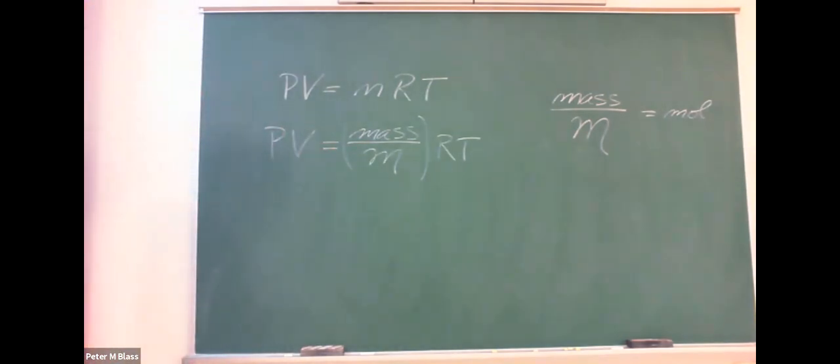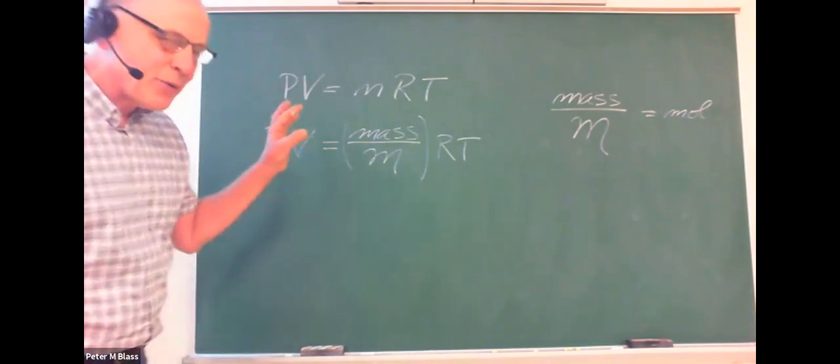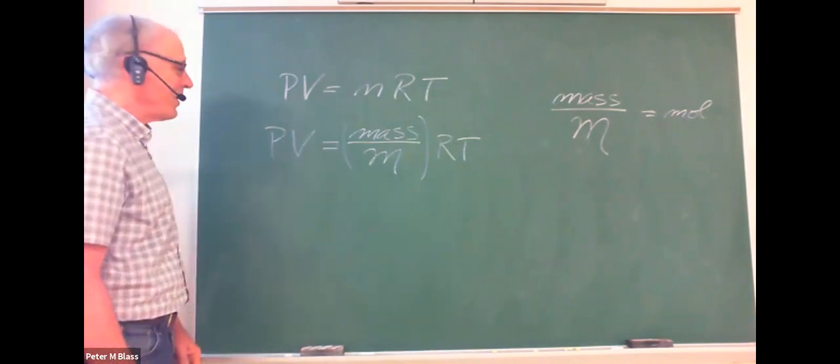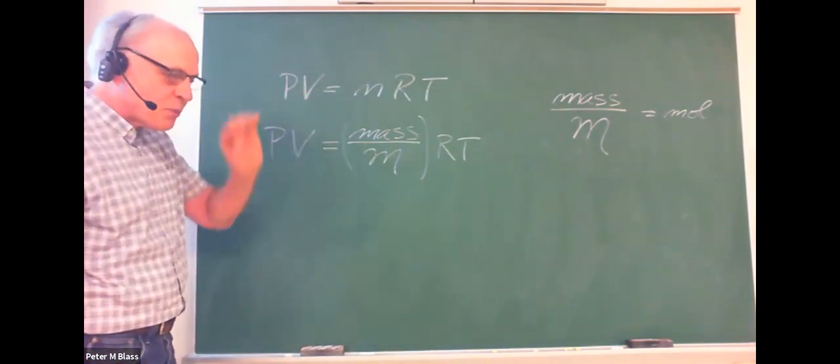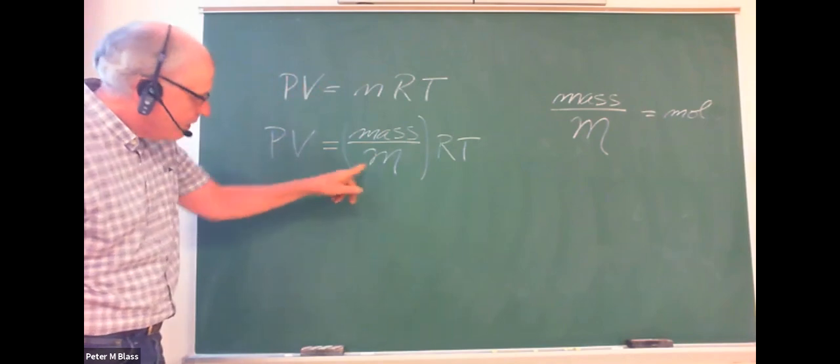Okay. And now if you'll just permit me to rearrange a little bit, I'm trying to get a relationship with density. The density is mass per volume. I'd like a volume underneath there.